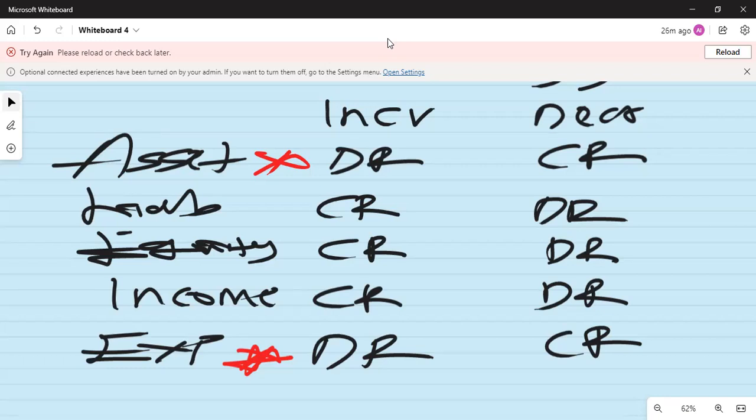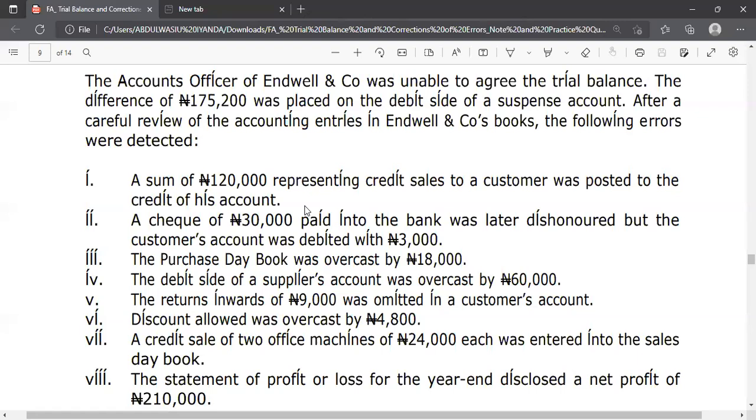So if it is an expense, and they say it was overcast, then what will you do? You credit it. Since discount allowed is an expense, please don't forget, you have to try as much as possible to categorize each of these transactions into 5.